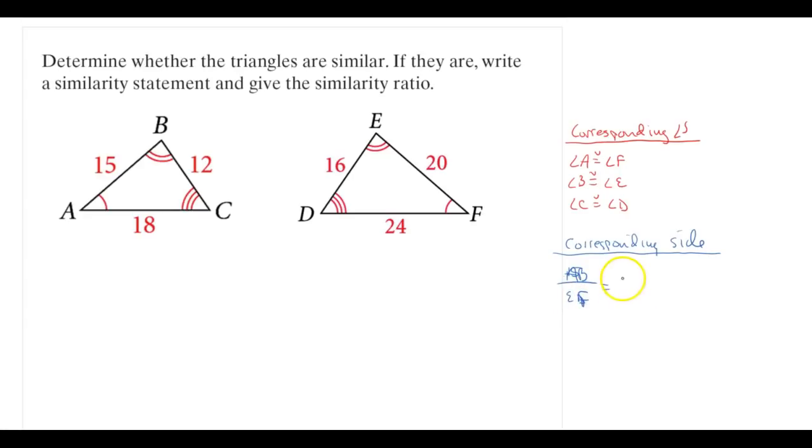Then BC goes with ED. Then AC goes with DF. So the length of AB is 15, the length of EF is 20, equals the length of BC is 12, the length of ED is 16, then AC is 18 to 24.